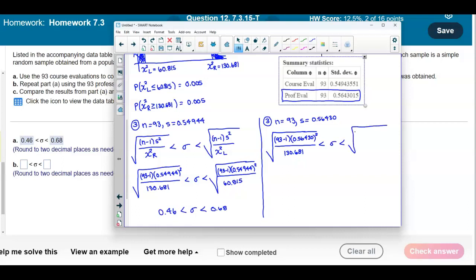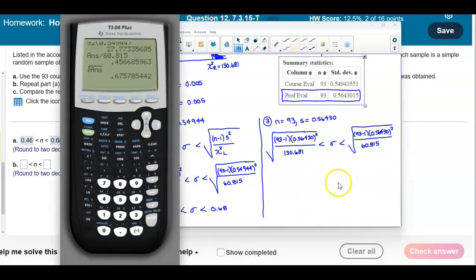And then over here we have 93 minus 1 times the sample standard deviation of 0.56430 squared, divided by the critical value of 60.815. So let's do that.